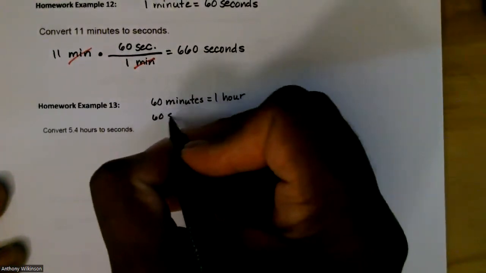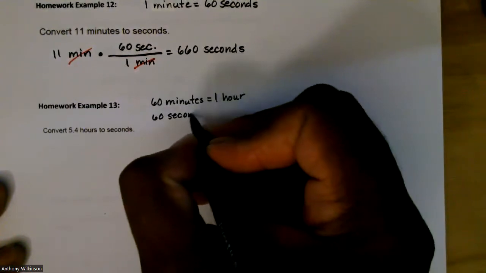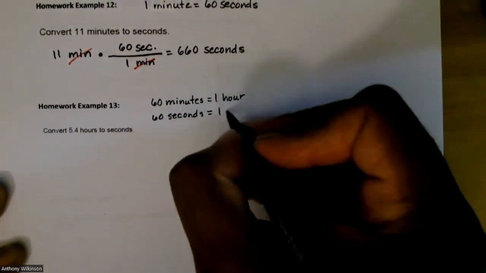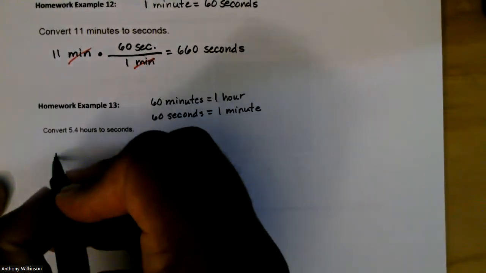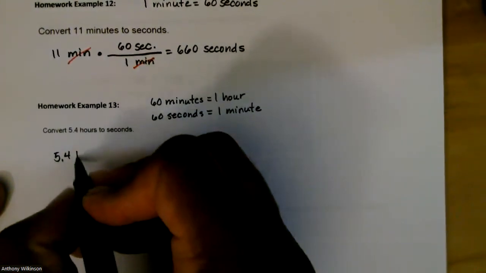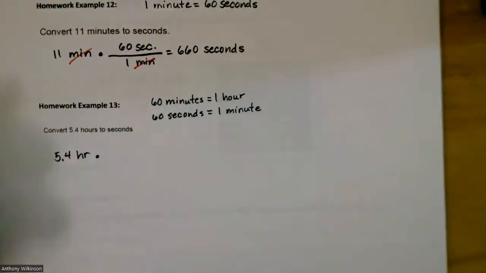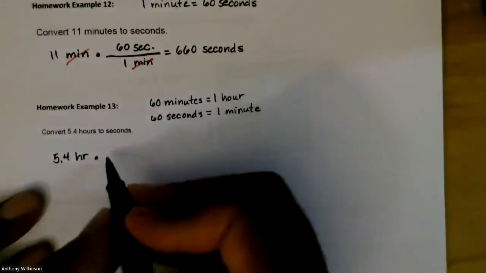And of course, 60 seconds, as I mentioned in the last example, is 1 minute. All right, and we got 5.4 hours. Now, let's convert from hours to minutes, and then from minutes to seconds. Let's start with that.